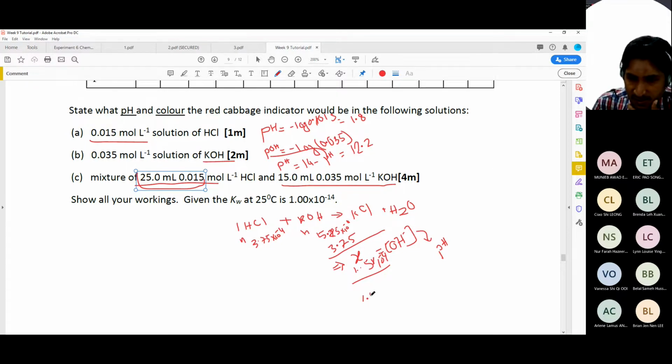So 1.5 times 10 negative fourth is the number of moles by 25 milliliter, so 0.025 liter plus 0.015 liter together. So this will be the concentration, and then from here we can find the pH.